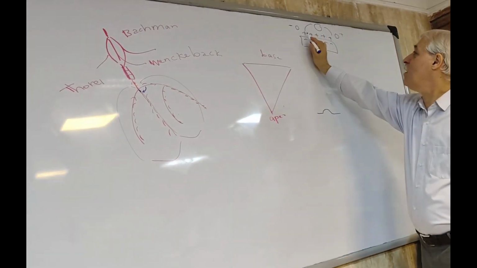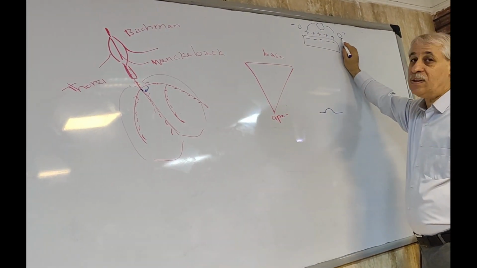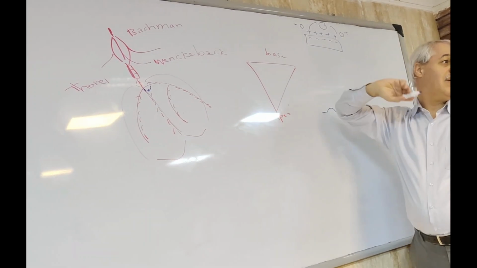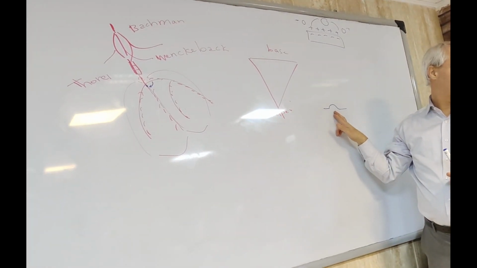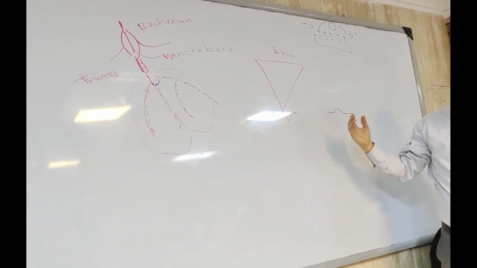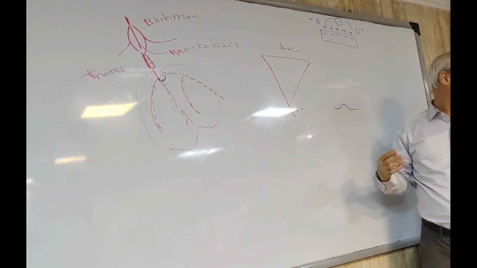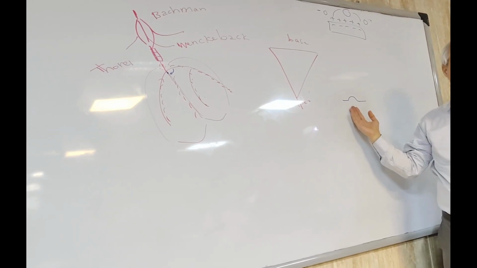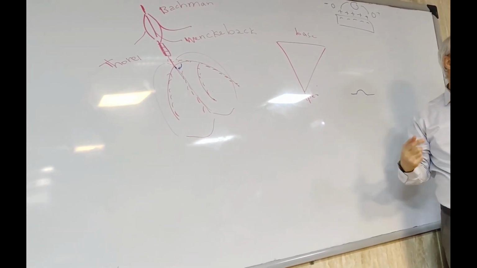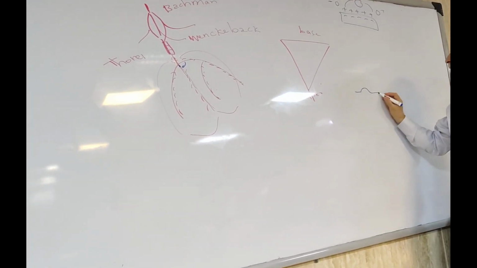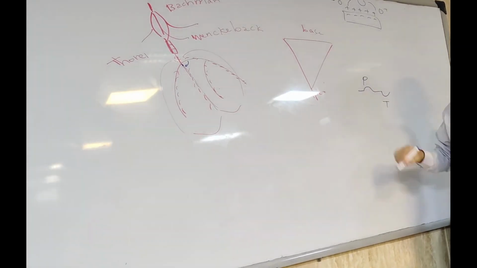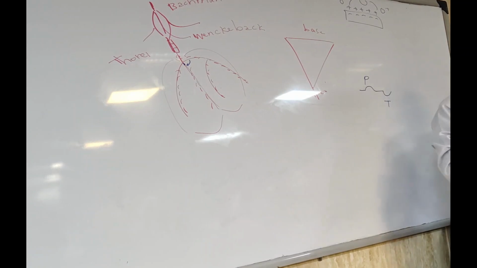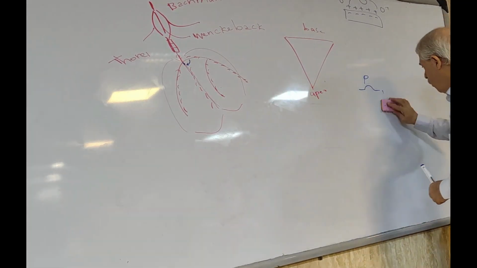When depolarization approaches the positive pole of the string galvanometer, you will have a positive deflection. So, atrial depolarization makes a positive deflection. Atrial repolarization makes a negative deflection, P and atrial T. We cannot see T in normal electrocardiography.